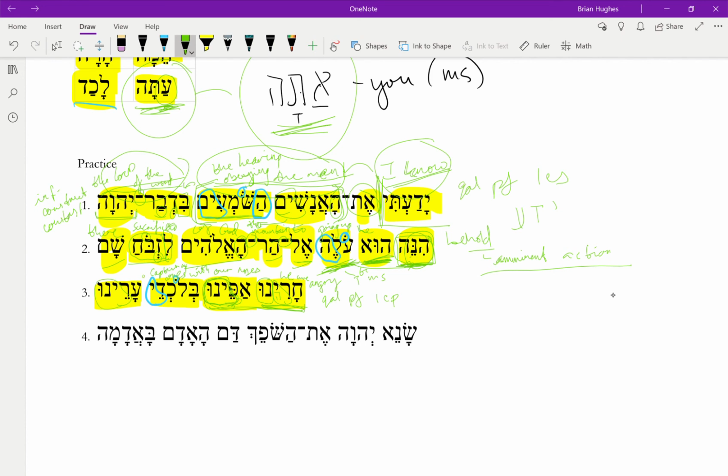So first of all, this is a construct, so we're going to get "of," so the captors of, and then we get arenu. So again, we have a first common plural suffix on a plural word, a plural noun.